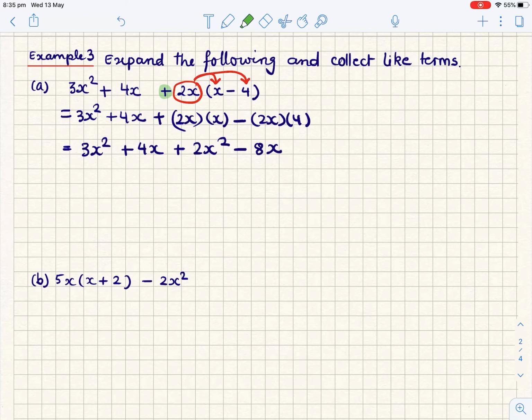Now we need to look for like terms. We have 3x squared, 2x squared including the sign, and then we have 4x and negative 8x. So 3x squared plus 2x squared is 5x squared, plus 4x minus 8x is minus 4x. Now these are unlike terms. We cannot simplify them further.